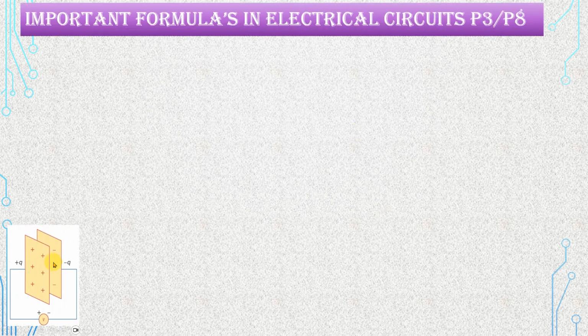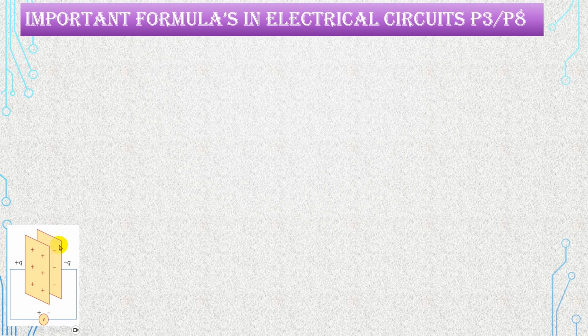What is inductance? What is capacitance? So this is your capacitance. If two plates are placed nearby, and there is a dielectric between them, the dielectric may be air or some material, it is called a dielectric, which is non-conducting. A dielectric is always an insulator, which is placed in between these two plates.